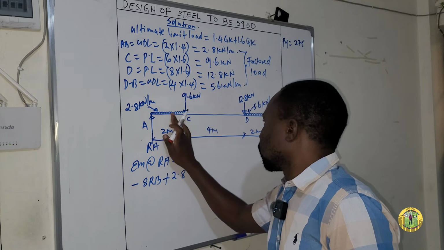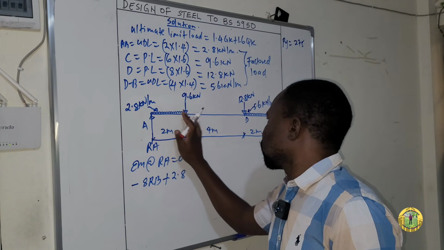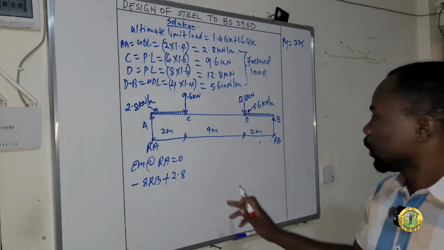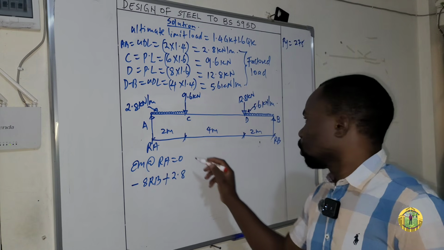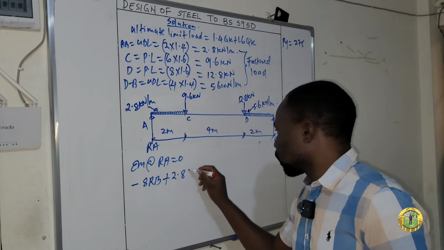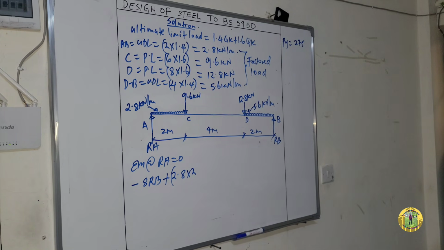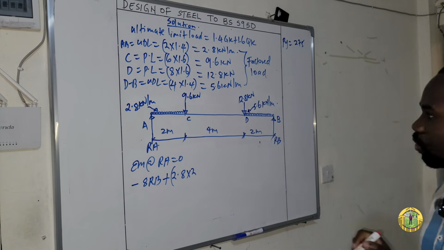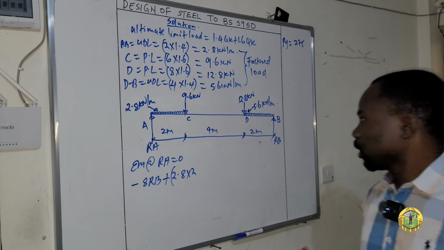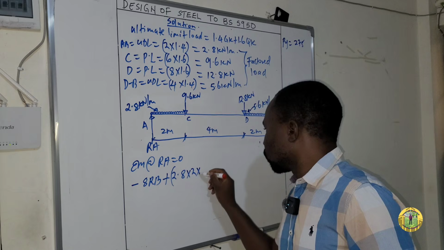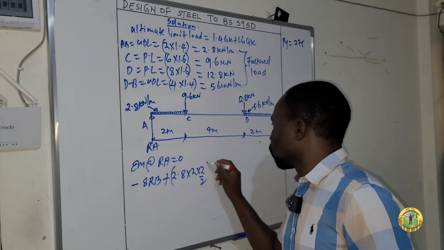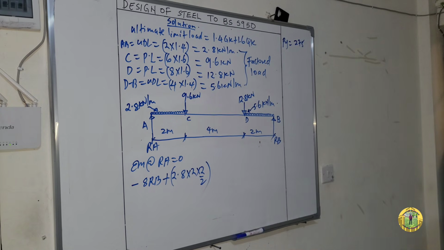Again, because we want the moment, you will change this 2.8 first to a point load, so you will multiply by the distance, times 2. And then the moment of a UDL acts at the center of the span covered by that UDL, so this is times 2 over 2. So we are done with this UDL.